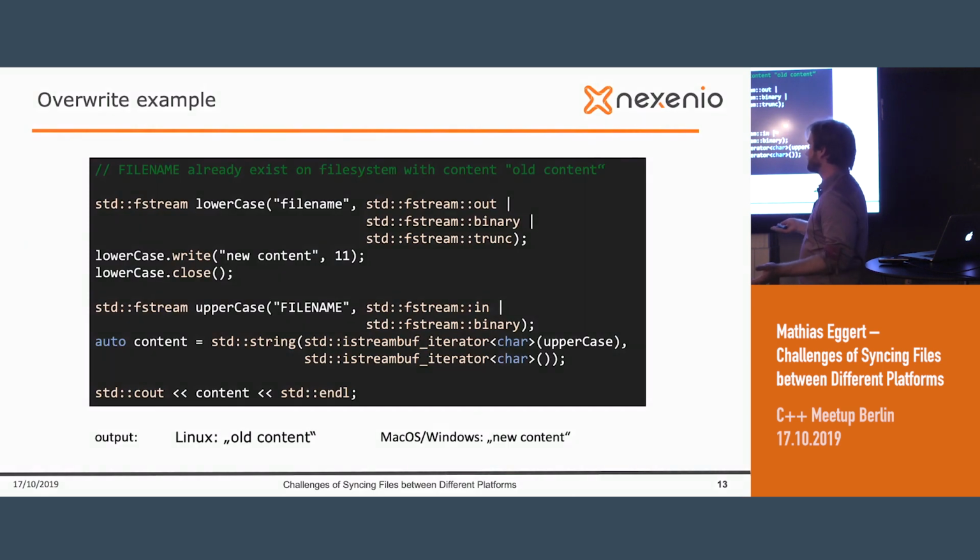And the result is different, because under Linux, you will have the old content as a result, and on macOS and Windows, you will have new content as a result. And the reason is that under macOS and Windows, you're not opening a file handle to the lowercase file name, you're opening a file handle to the uppercase file name, because lowercase and uppercase file names are treated as equal.